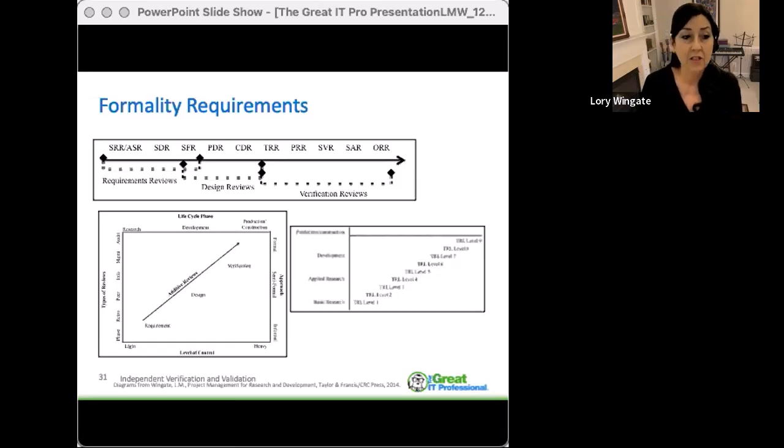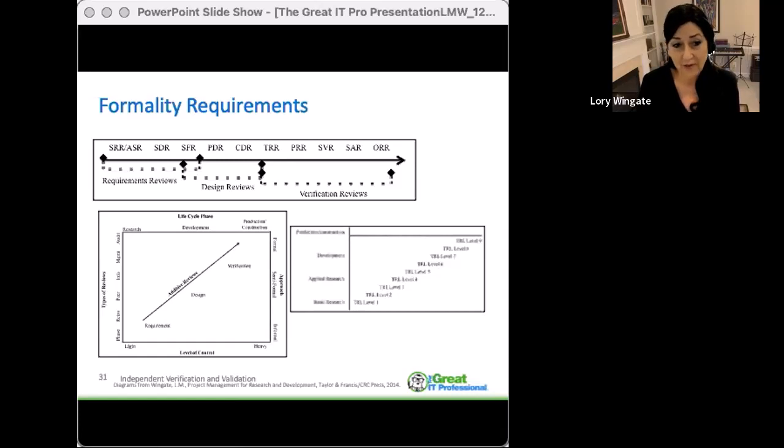There might be things such as a PDR, which is a preliminary design review, which confirms that the system is consistent with the specifications. The risks have been formally addressed and the system can move forward in development. There's also a CDR, a critical design review, which evaluates the system design documentation, known as the product baseline, and ensures that it correctly is represented in the draft production baseline that will be produced, and that is going to meet the needs of the customer.